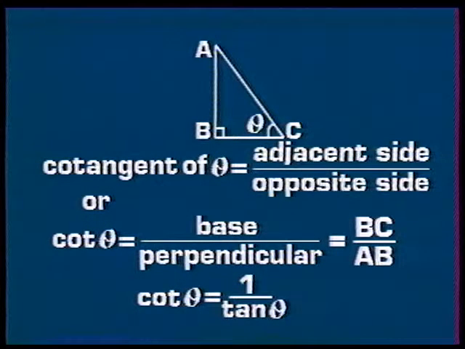Cotangent of theta, which is in brief called cot theta, is the ratio of the adjacent side to that of the side opposite to the angle theta. In this particular triangle, it is BC upon AB.